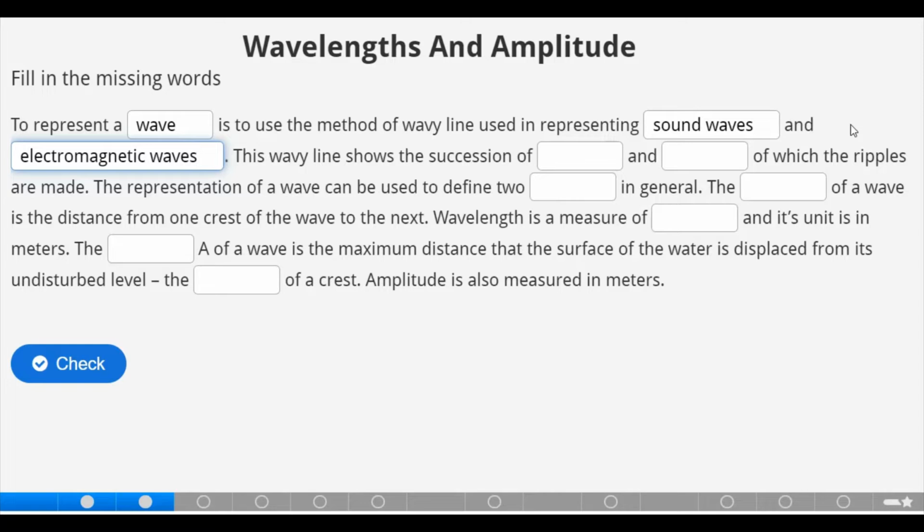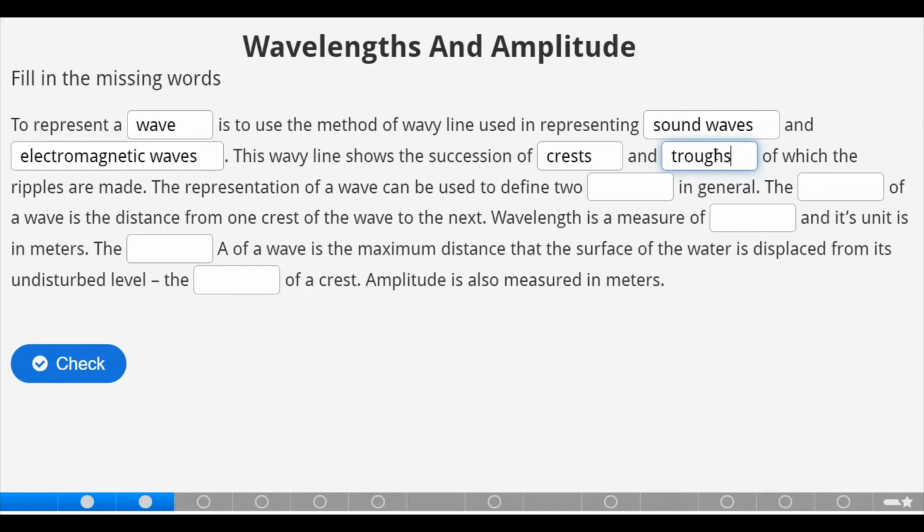These wavy lines show the succession of crests and troughs of which the ripples are made.